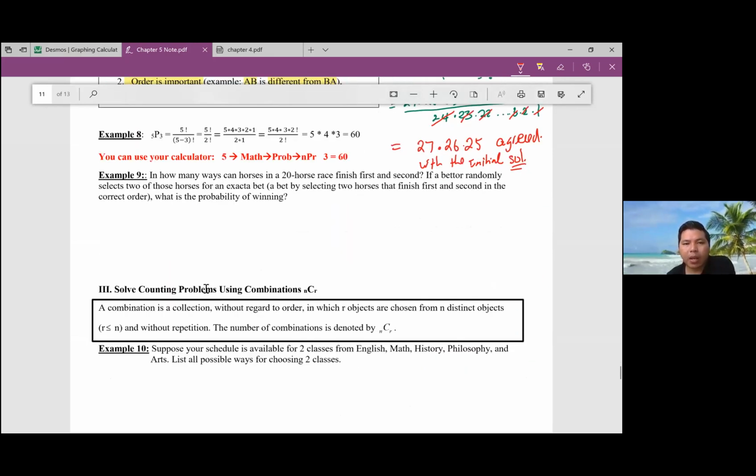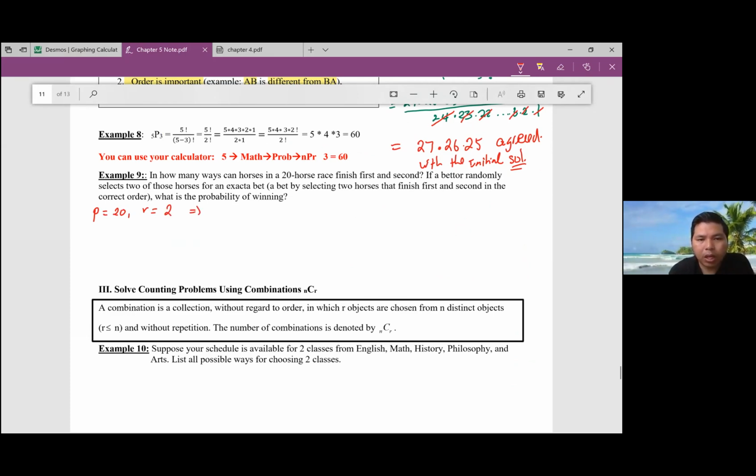All right, next example. In how many ways can horses in a 20-horse race finish first and second? All right. So we look at n will be 20 and r will be 2.